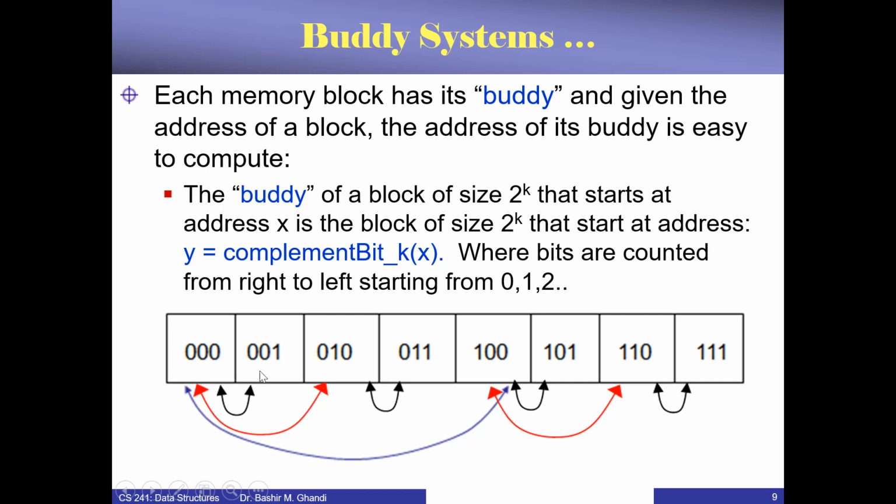If it is this one that you know and you are looking for the address of its body, the same thing, just complement bit number 0. You will get this. What about this? Again, this is the address. To get the body, since the size is 1, just complement bit number 0.